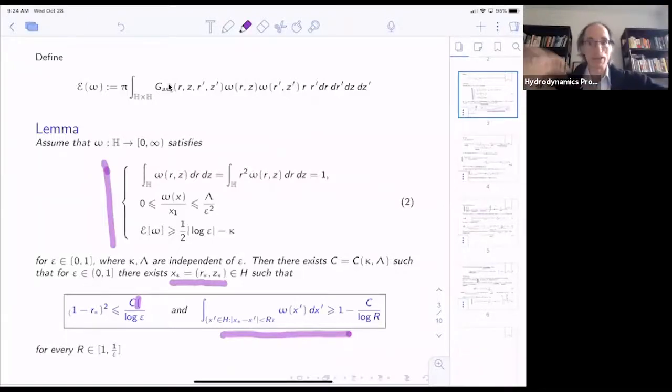And just by messing around in this way and changing the constants a bit, I can get a uniform R. And so I can get an x star such that this inequality holds for all capital R. And here what we found before was actually the 1 over log capital R. But this says we can take capital R to the minus epsilon in that inequality.